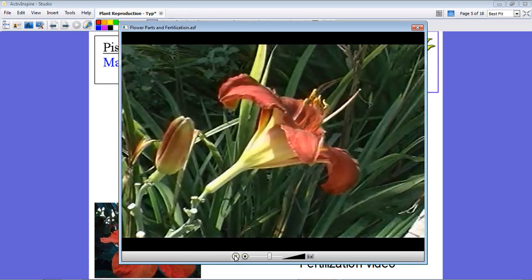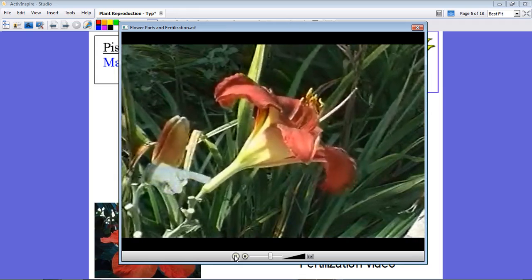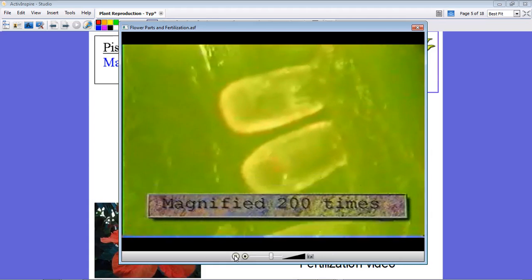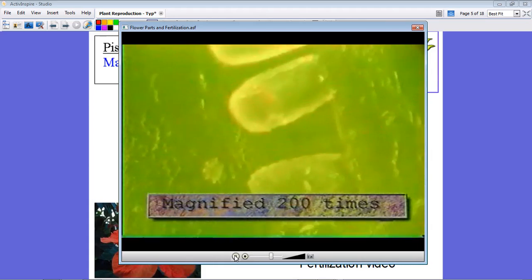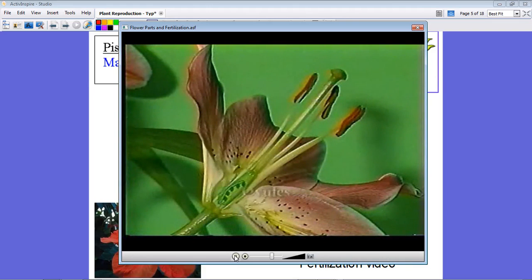The ovary is located here, at the pistil's base, at the back of the flower. If we could look inside the flower, we'd see that the ovary houses ovules. Ovules produce a plant's eggs, or its female cells. They contain the other half of the genetic material needed to produce a new plant.